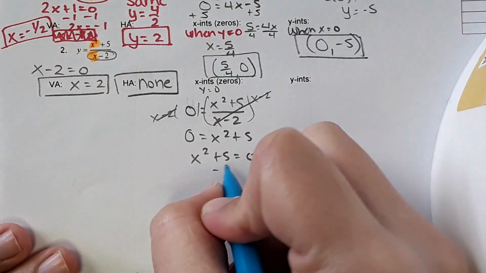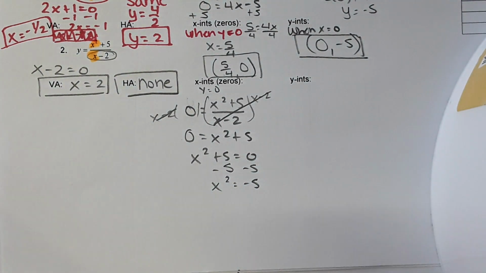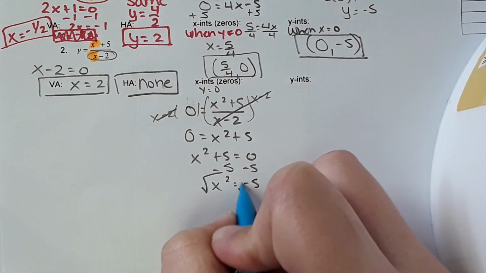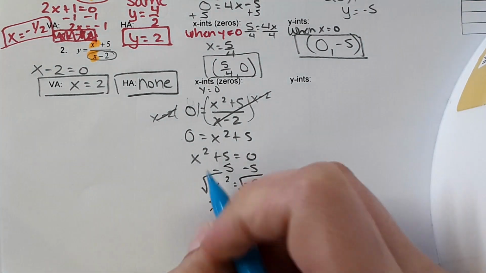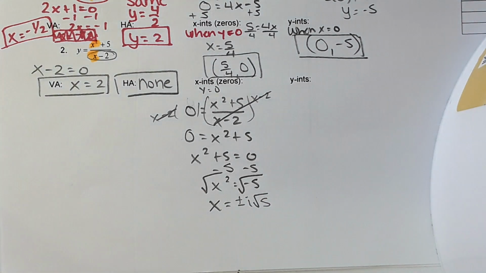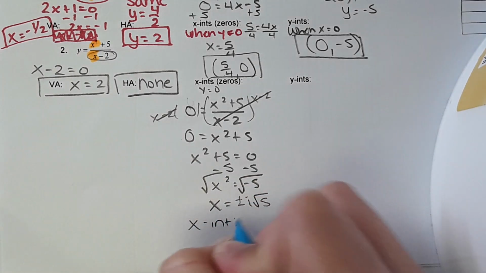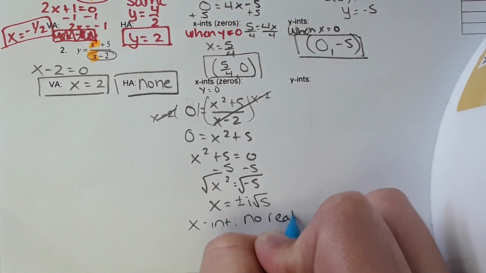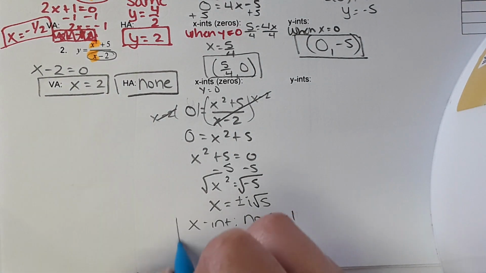We take 5 and put it on the other side. x squared equals negative 5. Take the square root of both sides. And x equals, here's where it gets kind of weird, plus or minus i square root of 5, which is not a real number. So the answer for the x-intercept is just no real number. Sorry to throw you off with that one.